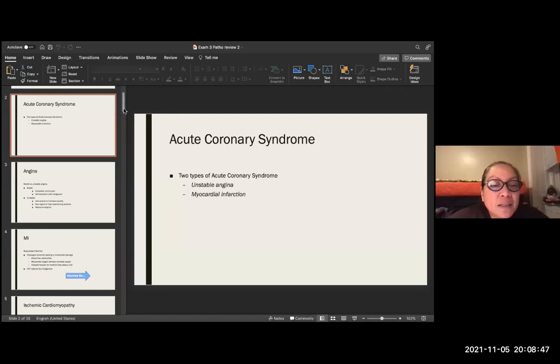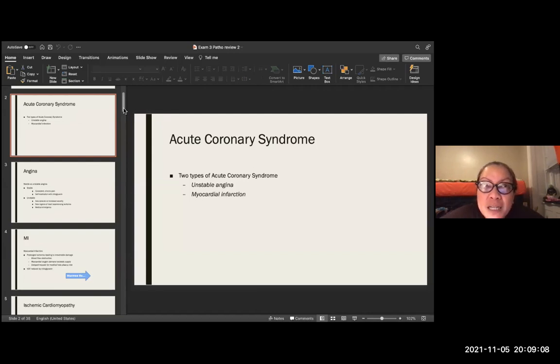Okay, let's start. The acute coronary syndrome. There are two types: the unstable angina and the MI. Now, in the group chat, I sent you the definition of unstable angina. There is the stable angina and there is the unstable angina.